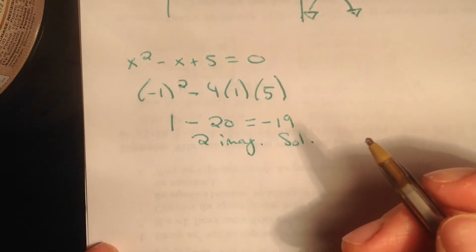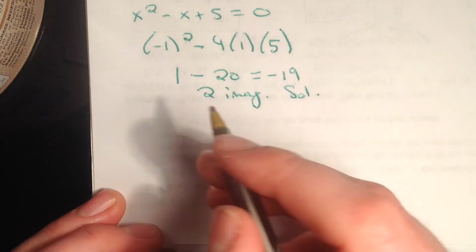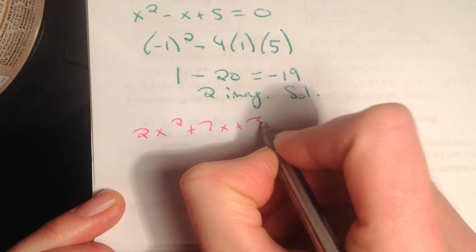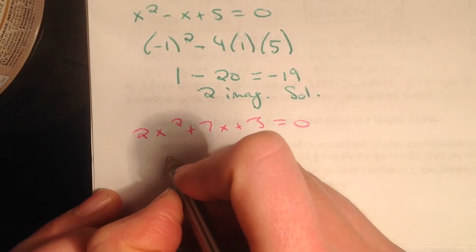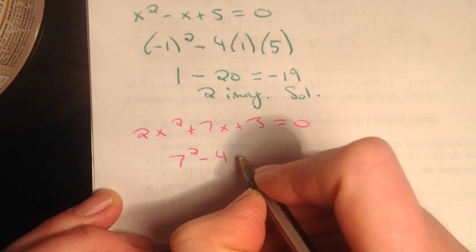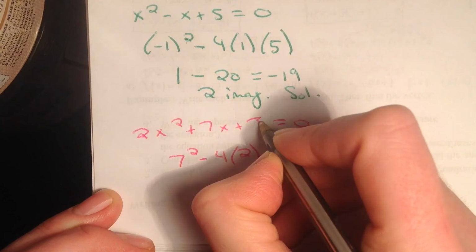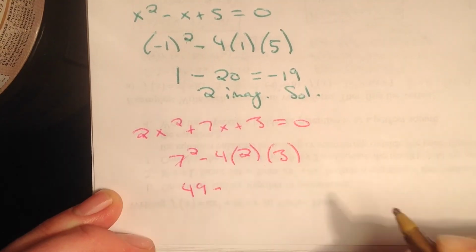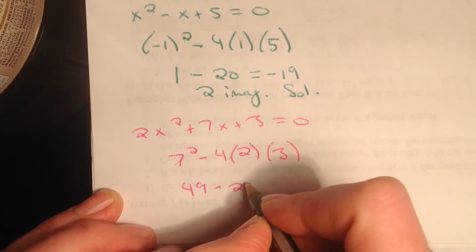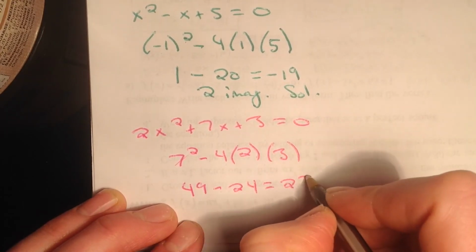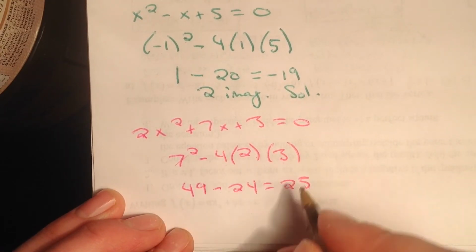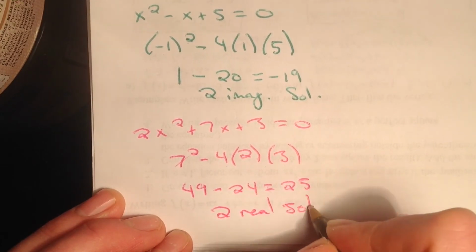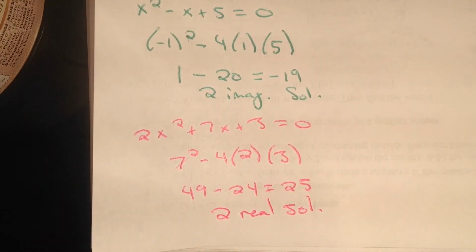Okay, trying another one. 2x squared plus 7x plus 3 equals 0. 7 squared minus 4ac produces 49 minus 8 times 3 is 24. So 49 minus 24 gives us 25. Since it's a positive number, we get two real solutions because it's greater than 0.